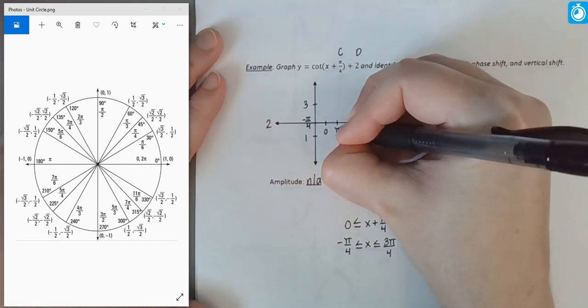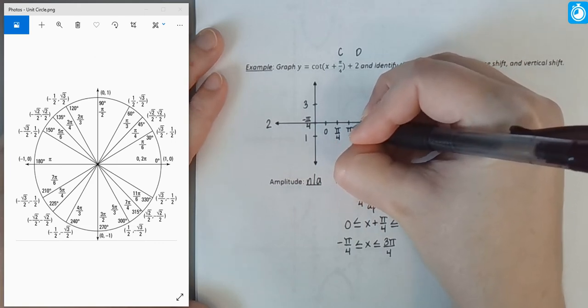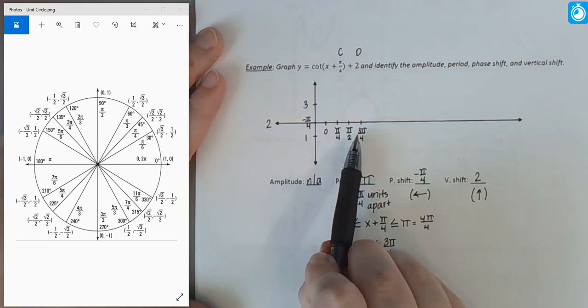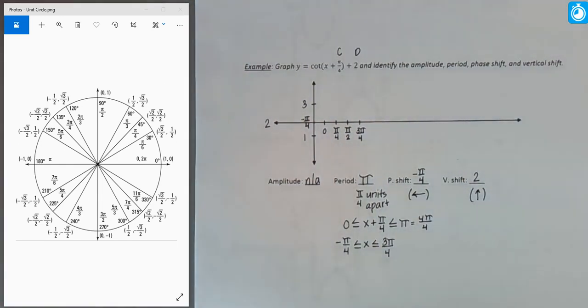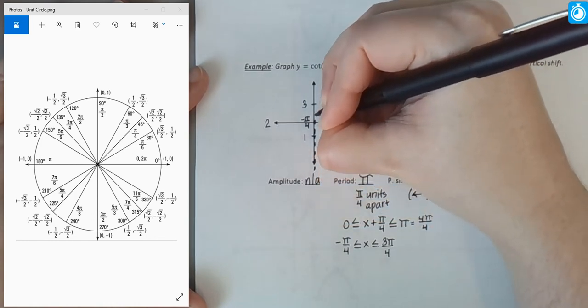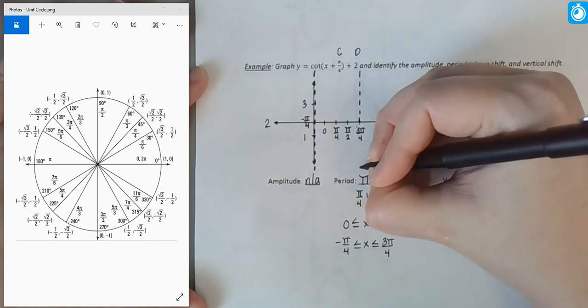Add on another pi over 4, add on another pi over 4, which will be 2 pi over 4, otherwise known as pi over 2, and then 3 pi over 4. And as long as we've graphed with the correct cycle and adjusted the cycle correctly, then we'll be able to just put our asymptotes at the beginning of the cycle and at the end of the cycle.